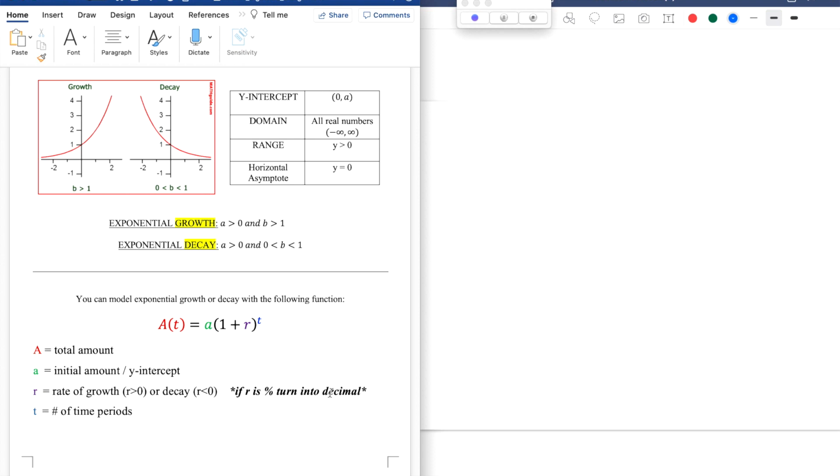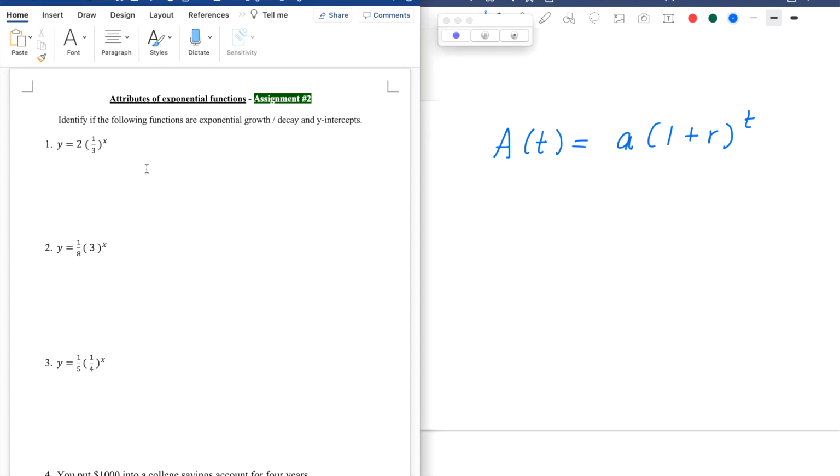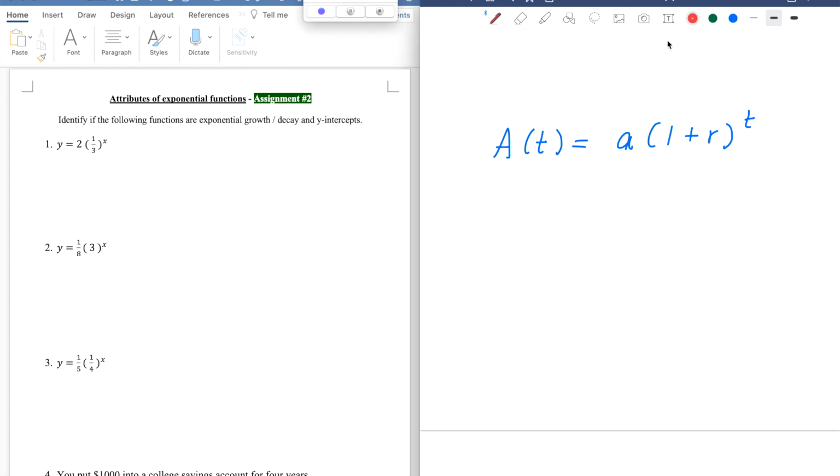All right, so let's give it a shot. And I'm going to do number 1. Identify if the following functions are exponential growth or decay, and find the y-intercept. Okay, so we have y equals 2 times 1/3 to the power of x.